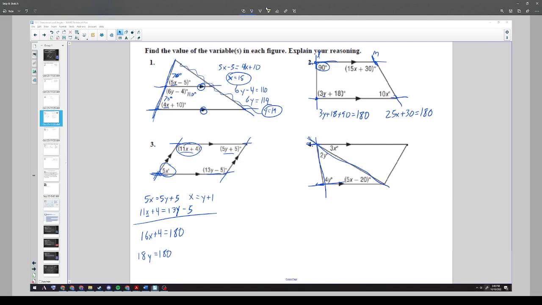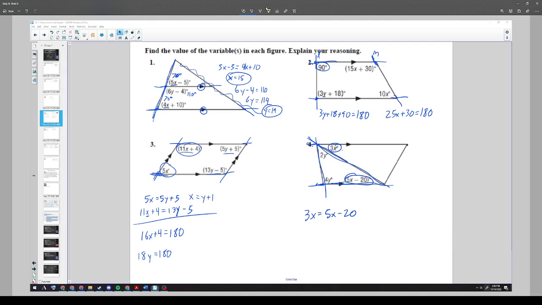So if I look at this diagonal transversal, it forms this and this as alternate interior, because they're both between the parallel lines, so they're interior, and then they are across the transversal. One is to the right of it, one is to the left of it. So that means those two are equal, and I could write 3x equals 5x minus 20 and solve for x.